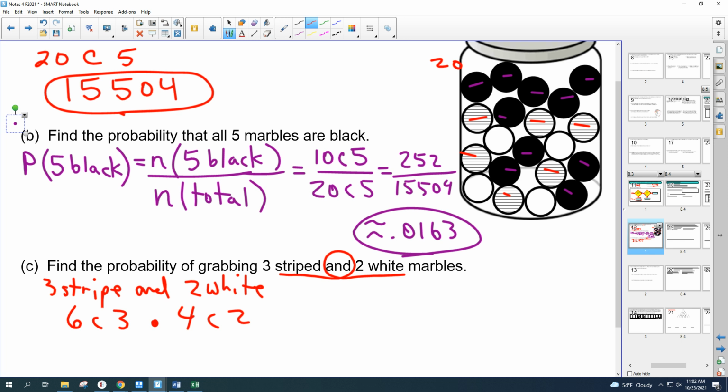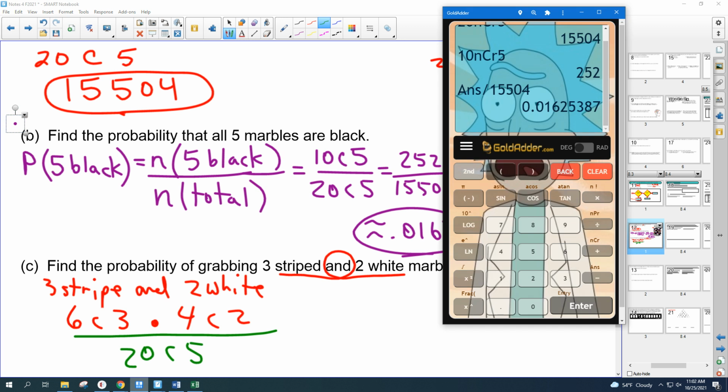But since this is a probability question, probability is part over total. Well, that total is still the same thing. I've got 5 marbles out of 20 marbles. And so 6 choose 3 is 20, and 4 choose 2 is 6.